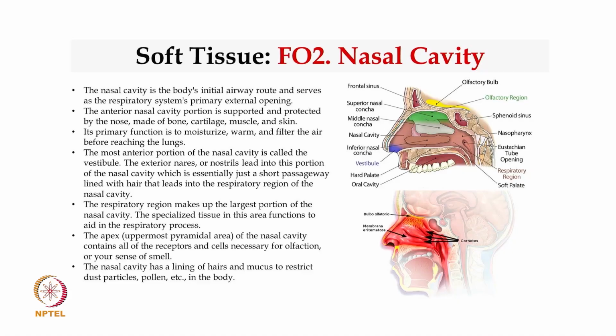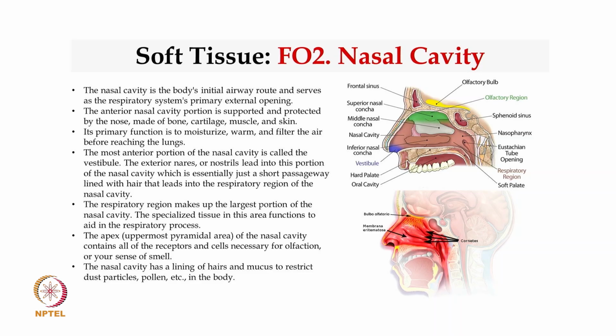There is sinus pain and sinusitis, and there are a lot of disease modalities like that. Then you have the superior nasal concha, and then the middle nasal concha. These are all different soft tissues which are in the nasal cavity. Then you have the nasal cavity itself. The inferior nasal concha and vestibule is the initial part from where you breathe in.